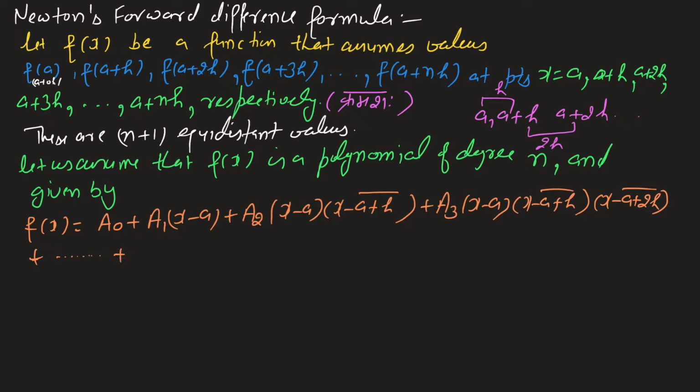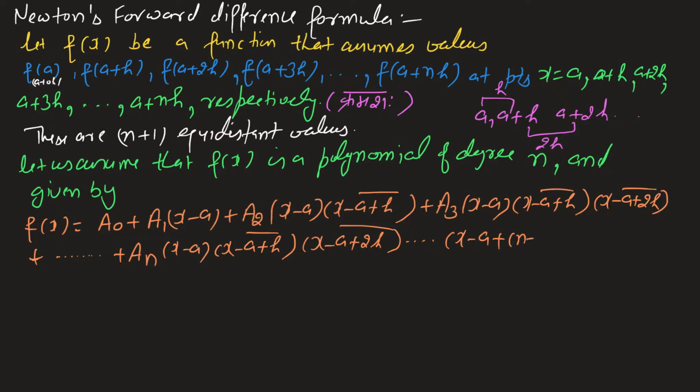The last term will be an. Look over here, if here is 3, it is 1 less than 3, running up to 2: 0, 1 and 2. So if n, it will be running up to 1 less, that is n minus 1. So it will be (x minus a)(x minus a plus h)(x minus a plus 2h) and so on, (x minus a plus n minus 1 h), and you are going to name this equation as 1.